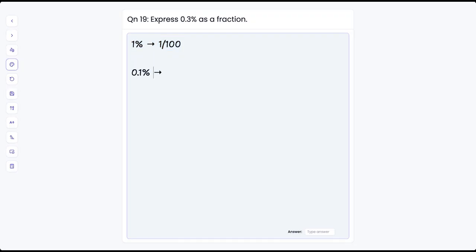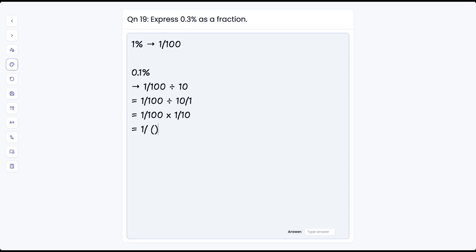So let me just put this down. That means we have 1 out of 100, and then we divide by 10. In this case, we can make the 10 into a fraction, which is 10 over 1. Then we can do a fraction divided by fraction. The divide will become multiply, and then we flip this whole fraction, which is 1 out of 10. So that means this will be 1 out of, you just multiply 100 and 10 together.